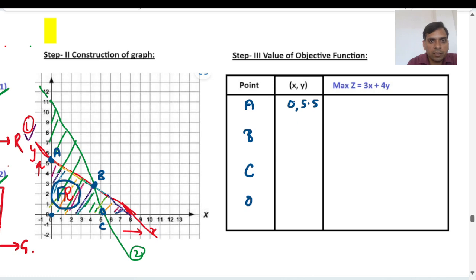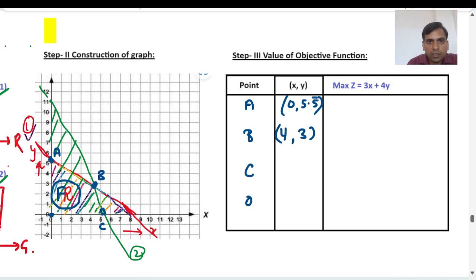5.5. And for this second point B, this is approximately 4, and this is 3. So this is 4, 3. This is the second point, and the C point is this 5.5, 0. So this is not 5.5, this is 5.33.